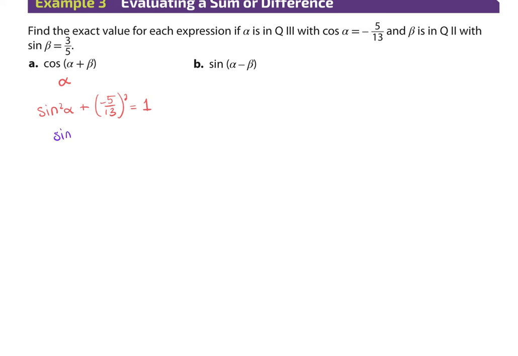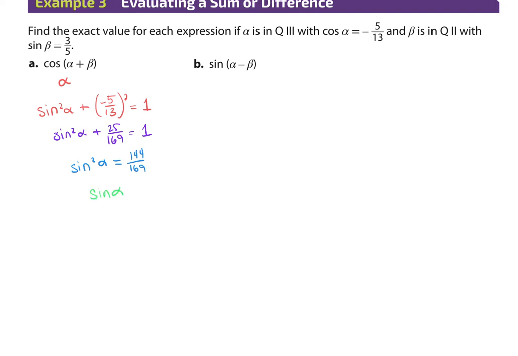Sine squared plus 25 over 169 equals 1. All right, subtract 25 over 169 from 1, so 169 over 169 is what you're going to subtract it from. So the sine squared of alpha is going to equal 144 over 169.